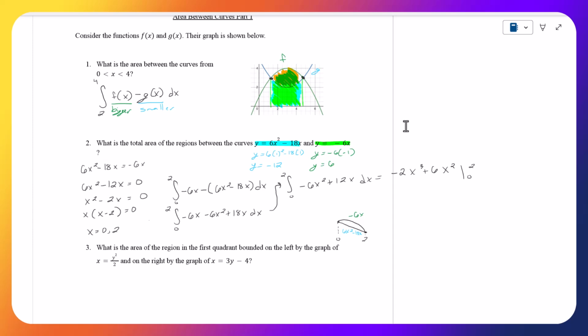I know it's not loading, but it's about to load. So yeah, just substituting in using our first fundamental theorem of calculus. Now this whole thing here is just going to go to 0, so I'm not even going to bother with that. I'm just going to look at this part here. 2 cubed is 8. 8 times negative 2 is negative 16. 2 squared is 4. 4 times 6 is 24, so we have negative 16 plus 24.